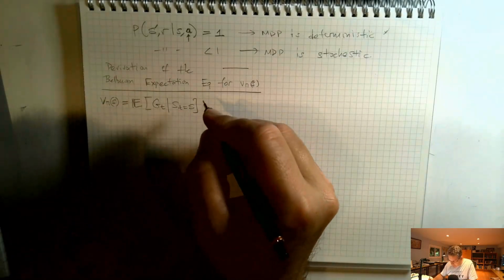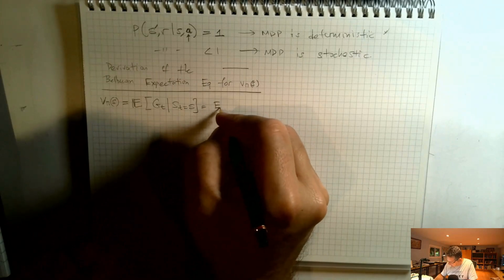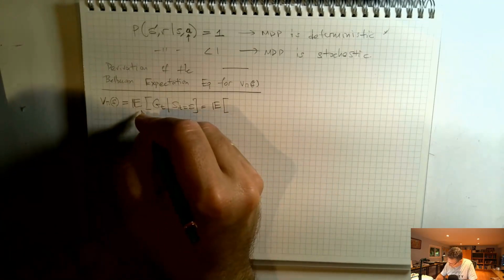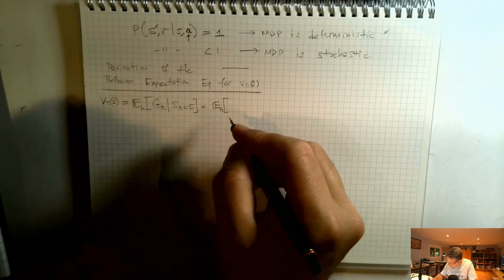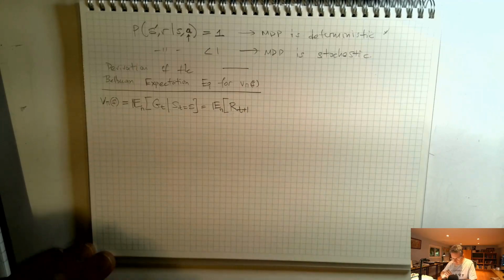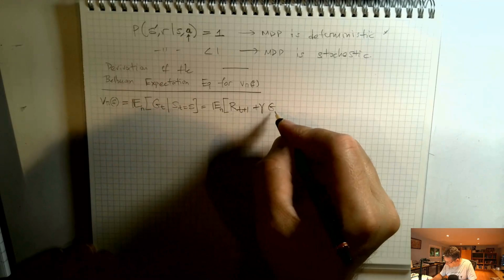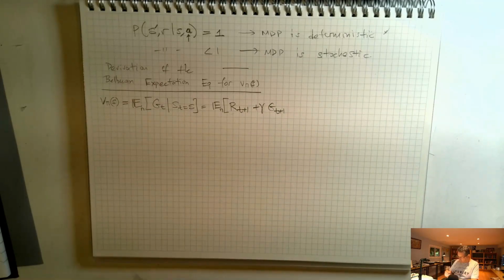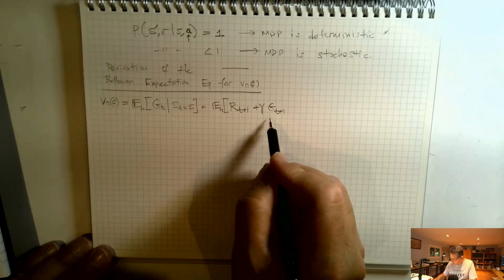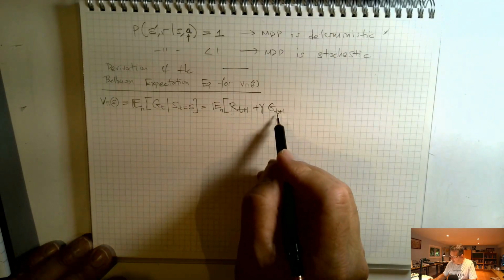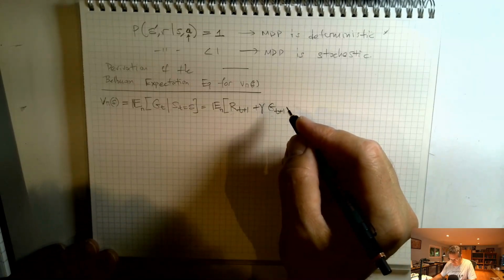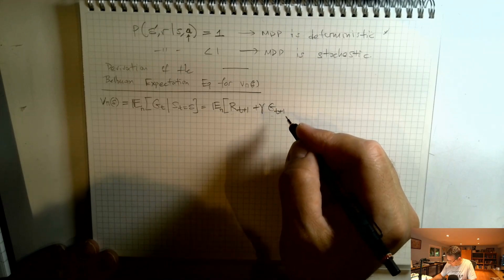And this can be written as the expectation, with a pi over here, where we replace the Gt with Rt plus 1 plus gamma Gt plus 1. And this return, we have actually seen why it can be written like this as a function of the immediate reward and the future returns for the future state that comes after s, which is s prime.